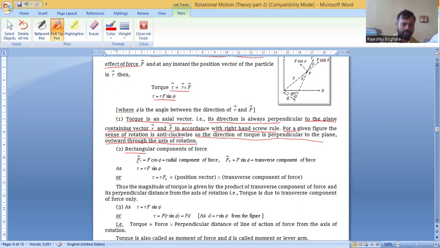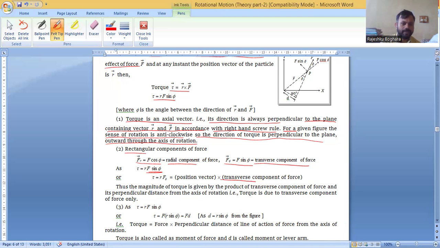Okay. Rectangular components of force: the radial component is F cos phi, and the transverse component is F sin phi. So torque equals R F sin phi. F sin phi is the transverse component, so torque equals the position vector times the transverse component of the force.